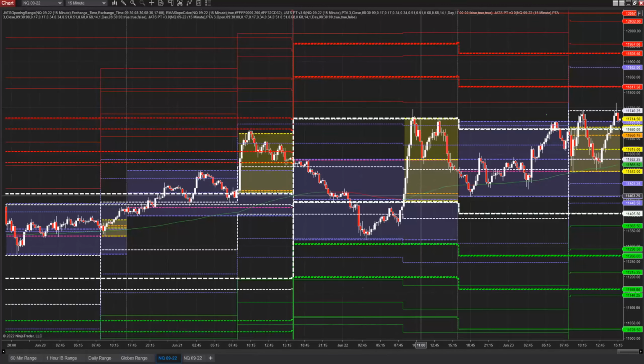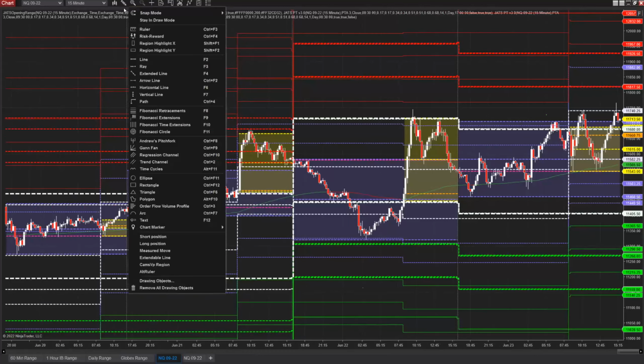So I can separate these opens and use that as the basis for running some strategies, and use it also to copy my boxes, my rectangles.